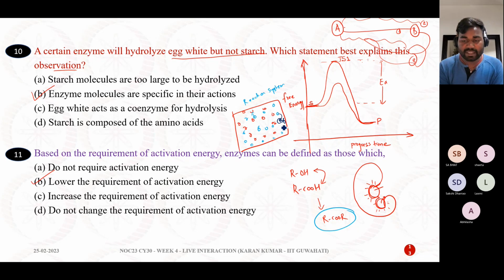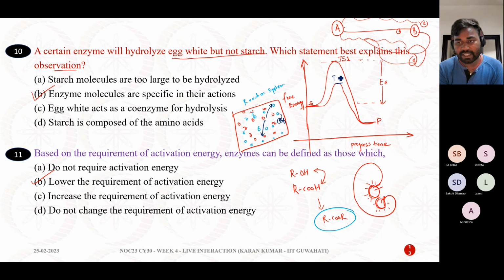Thereby it is reducing the path; if this reactant wants to collide with that one, the enzyme brings them much closer, so the collision is fruitful, you get the product much more easily, and the reaction progresses faster. This is what is known as lowering the activation energy.